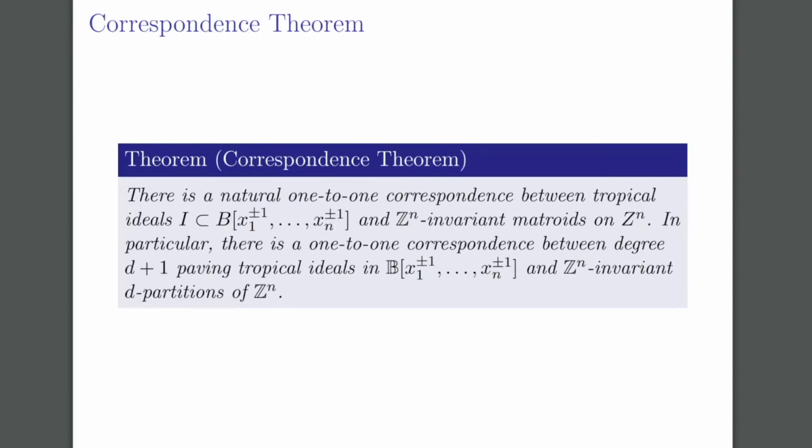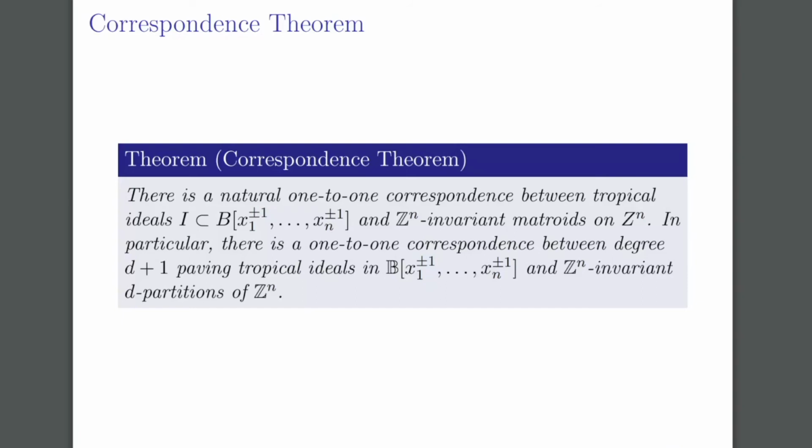And conversely, if you give me a Z^n-invariant matroid, I can say, well, here are my circuits. These correspond to some polynomials, and then Z^n-invariance is precisely being closed under the action of my semiring.